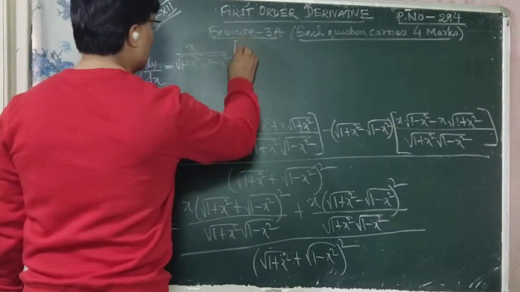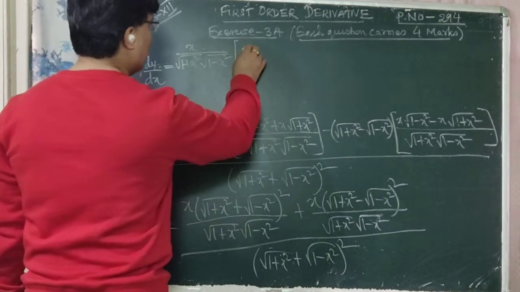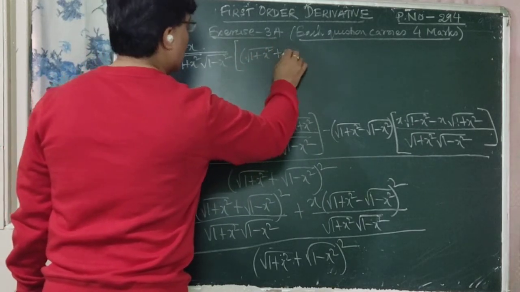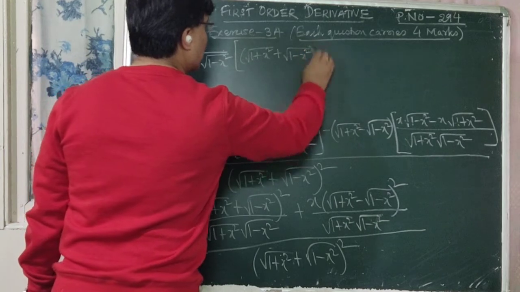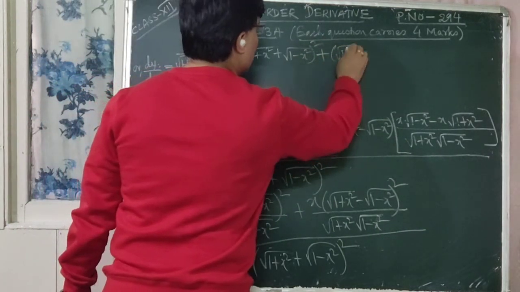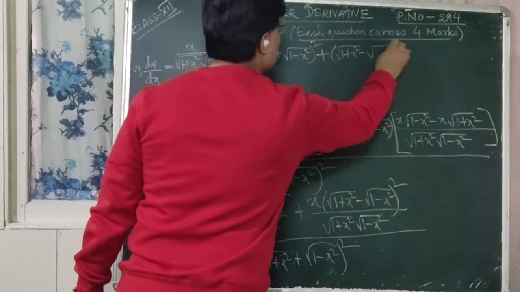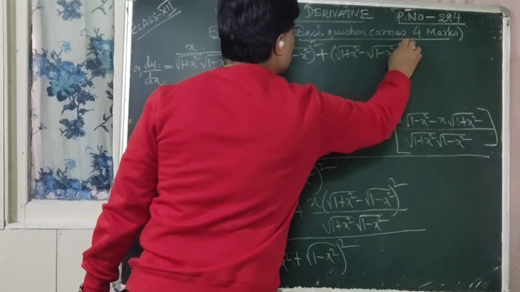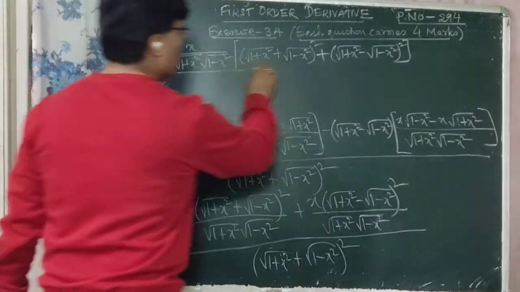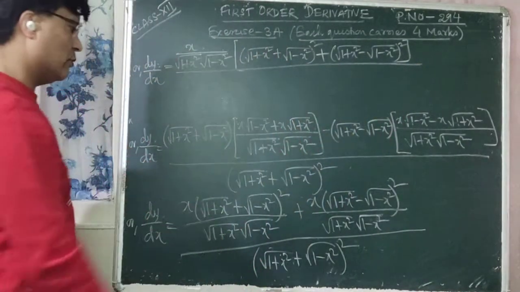So within third bracket, what do we have? We have here root over 1 plus x square plus root over 1 minus x square whole square plus, then it is root over 1 plus x square minus root over 1 minus x square whole square. Third bracket is closed. So this whole divided by, what will you write here now?